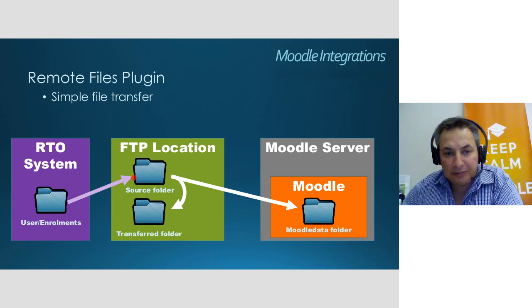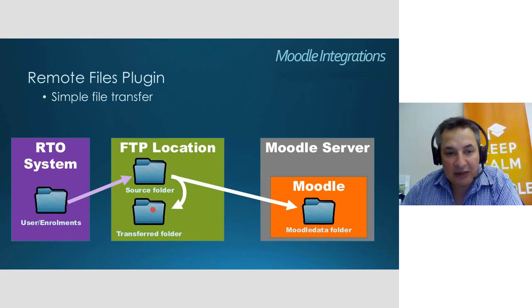If we looked in that folder and found that it contained a number of CSV files, then we knew that the remote files plugin process of transfer was not working, because obviously the files are still sitting there. If we found that folder was empty, we would then look into the subfolder. We would expect all the CSV files to be in the transferred folder, because that's how we can check.